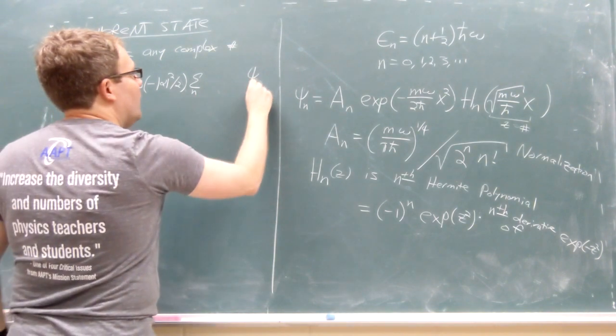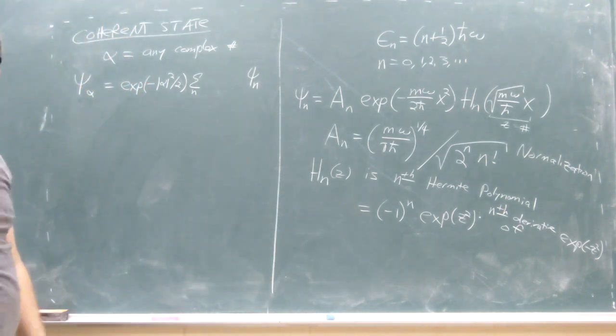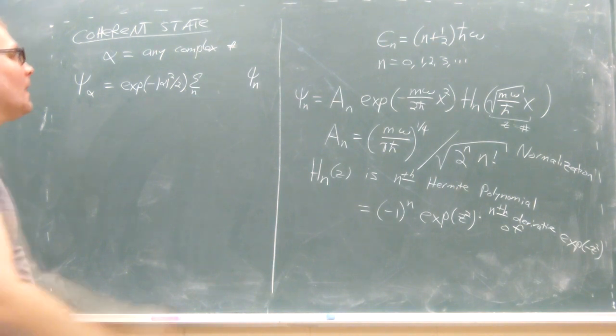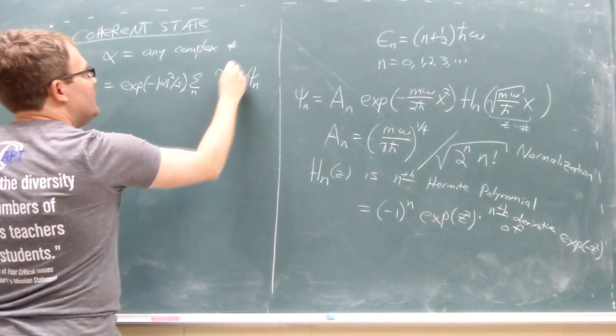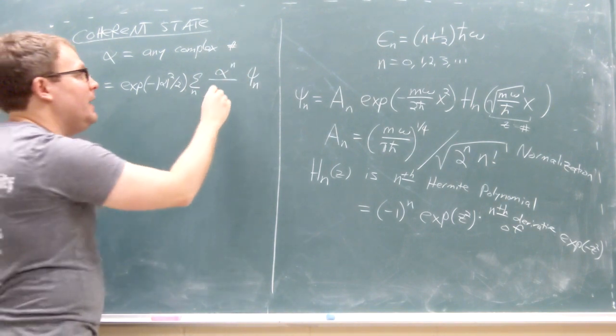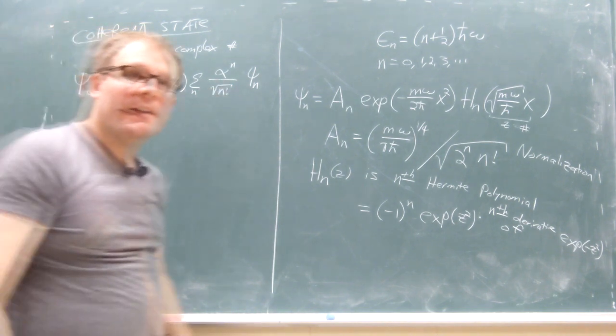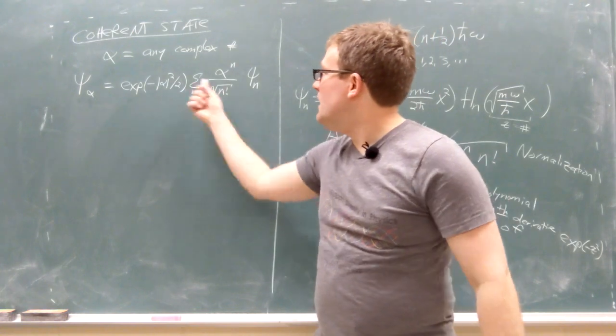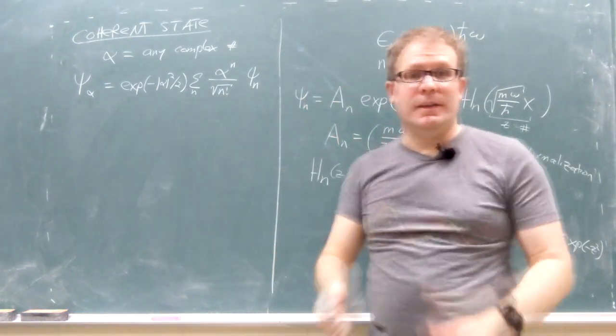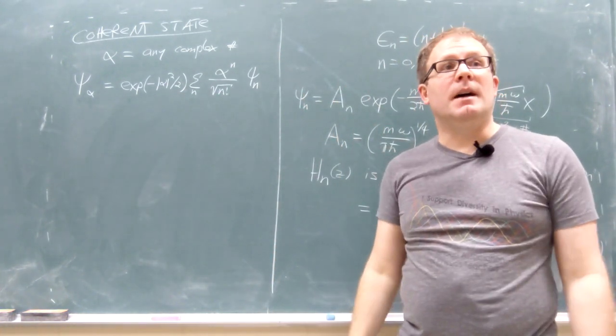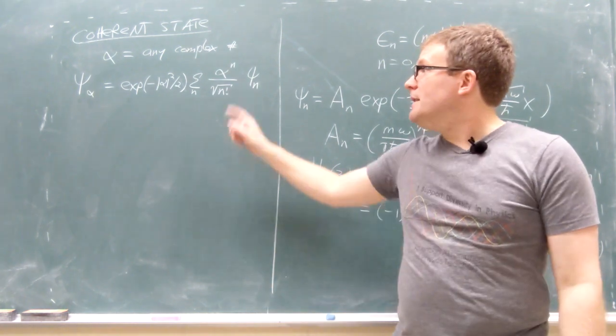You sum over all of these psi-n's that we figured out over here. You take this as alpha to the n divided by square root of n factorial. Right? So this combination here ensures that this thing stays normalized, so the total area underneath the modulus squared is 1.